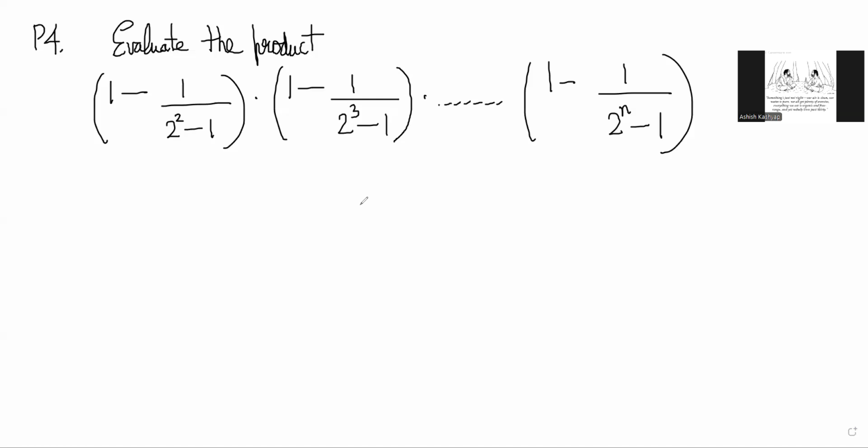So you can easily solve this. Is anybody getting anything?